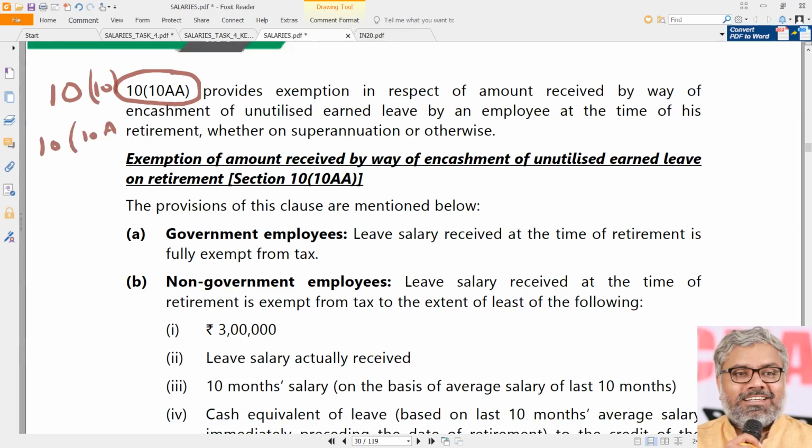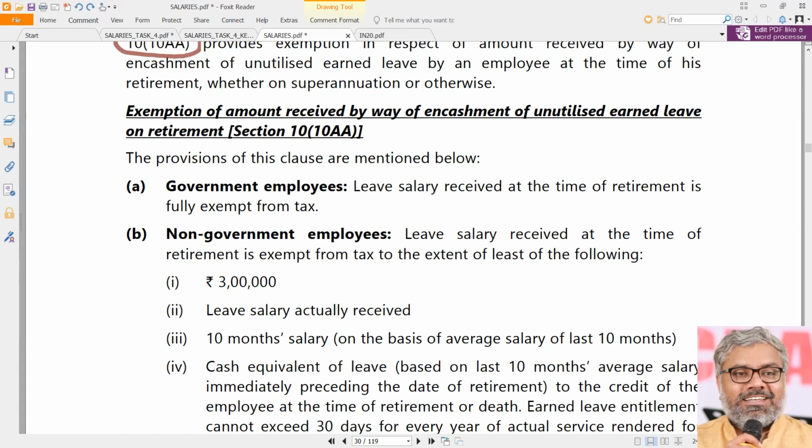That is commuted pension. Next, leave salary is 10(10AA). So we have a sequence here: gratuity, pension, that is commuted pension, and leave salary. That's what we are going to discuss now: how to get exemption under 10(10AA) for leave salary and how to calculate that.